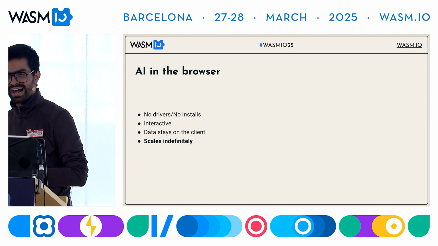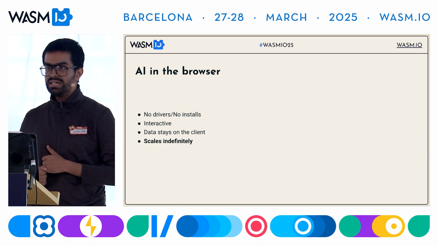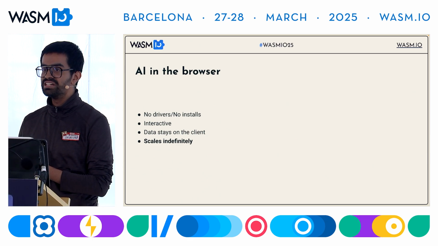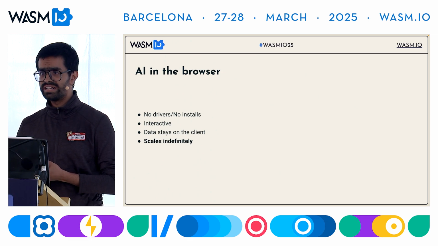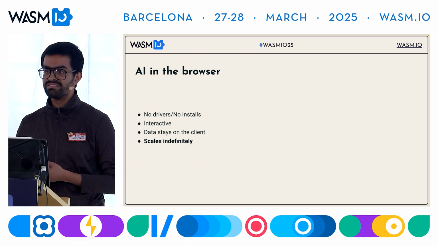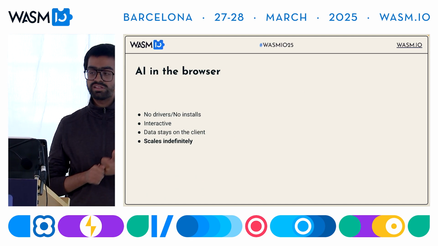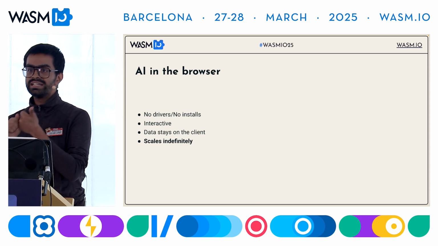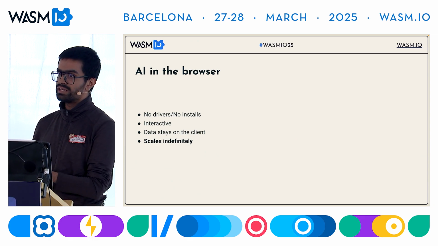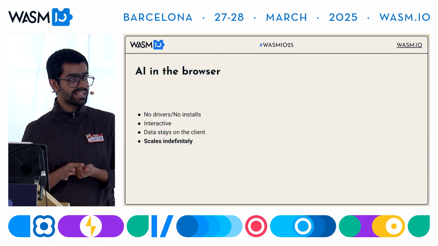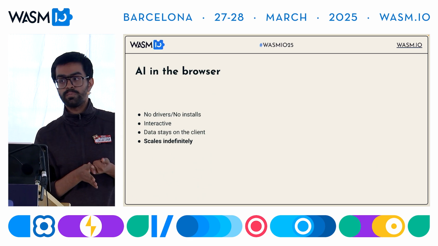That is why I have been very bullish about AI capabilities running in the browser ever since 2020, when I first took part in a hackathon, and I literally won 15 hackathons straight in a row because I was the only one doing this, and I understood that. And I think we'll see more and more applications that take advantage of being able to run on-device AI. And I think WebAssembly is a huge proponent of that.